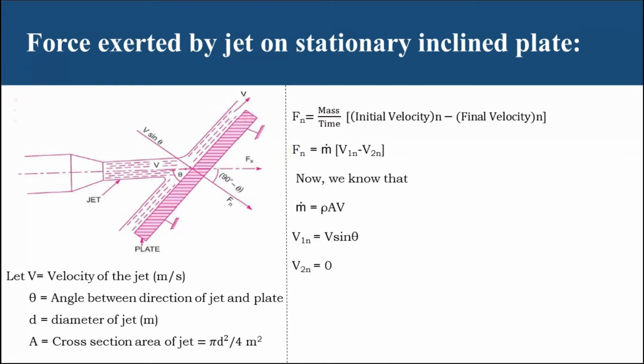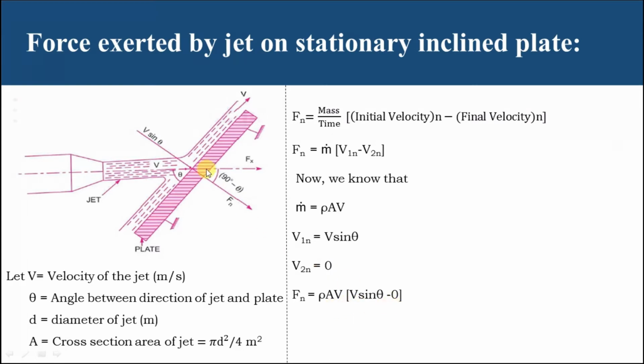Now we know mass flow rate is rho av. Now this component of velocity, if this angle is theta, so this angle will be 90 minus theta. So you can resolve this velocity into normal direction, so that component will be v cos of 90 minus theta or simply v sin theta. So you can put this value, Fn equals to rho av into v sin theta.